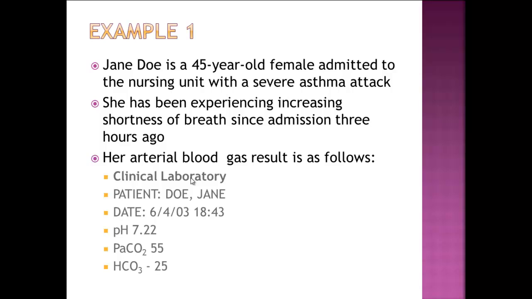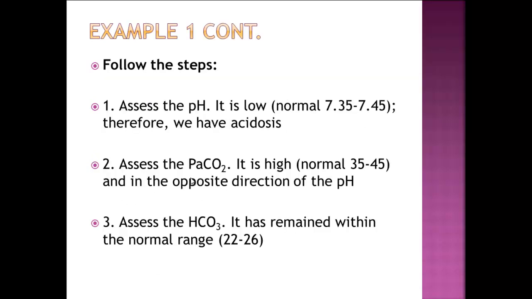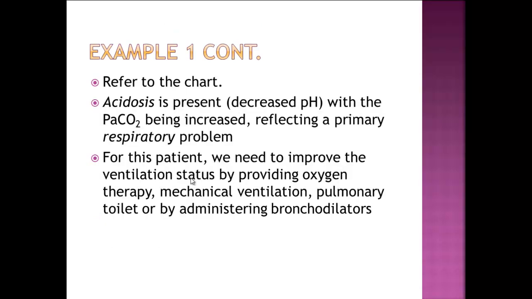So then we have the pH and the PaCO2, the arrows moving in opposite directions, appears to be a respiratory acidosis. Again, the pH low, acidosis, arrows moving in the opposite direction means it's a respiratory problem. So we followed those steps. We assessed the pH, then the PaCO2, and then the HCO3, and that is how we determined what it was, okay?